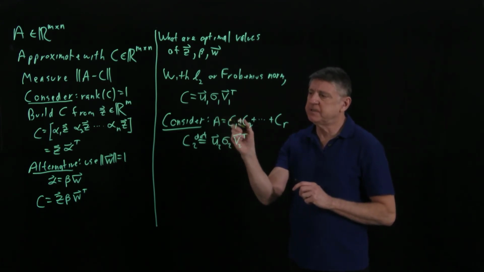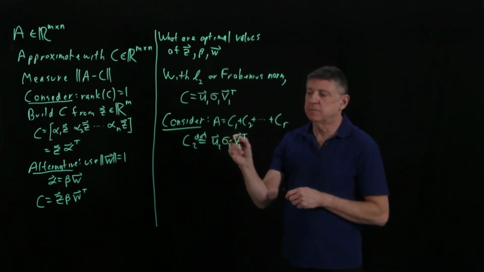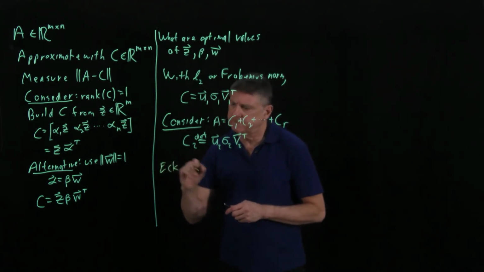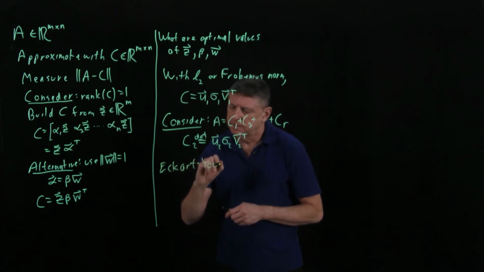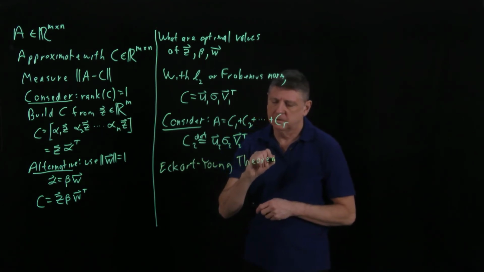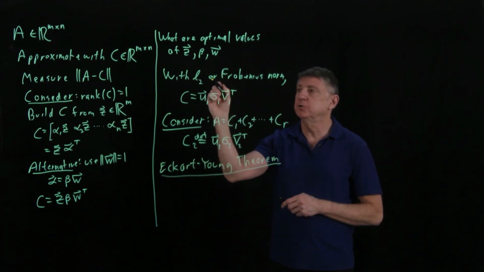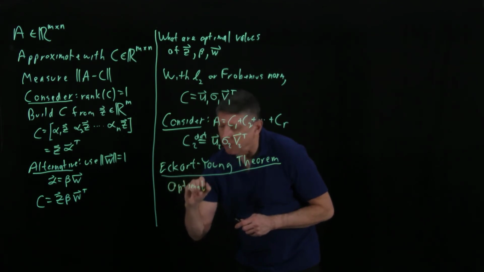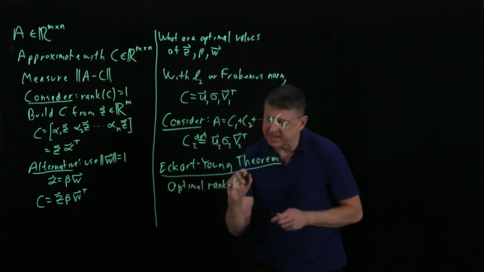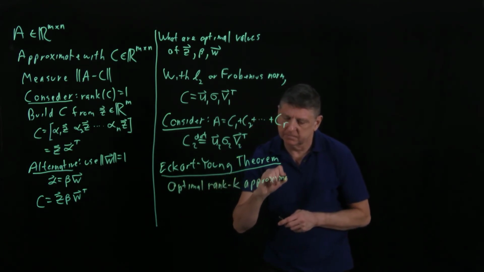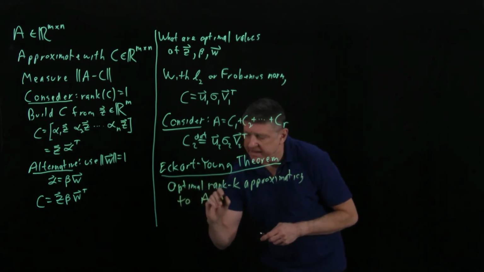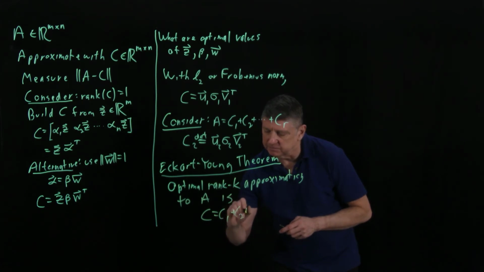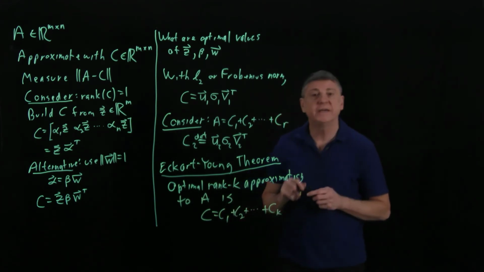And if I represent A as a sum of rank 1 matrices, each coming from the singular value decomposition of A, then the Eckart-Young theorem, an old and not very often used theorem in linear algebra, says that for the L2 or the Frobenius norm, the optimal rank K approximation to A is C1 plus C2, and so on until we get to CK.